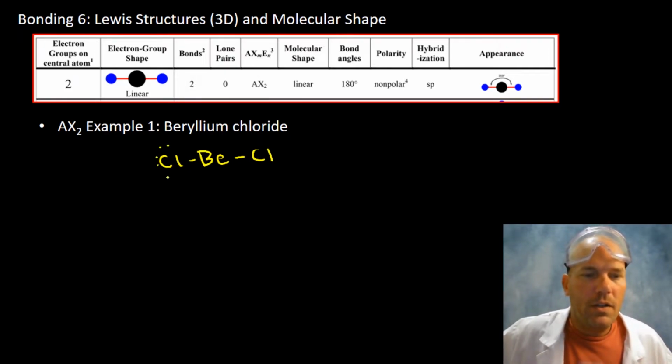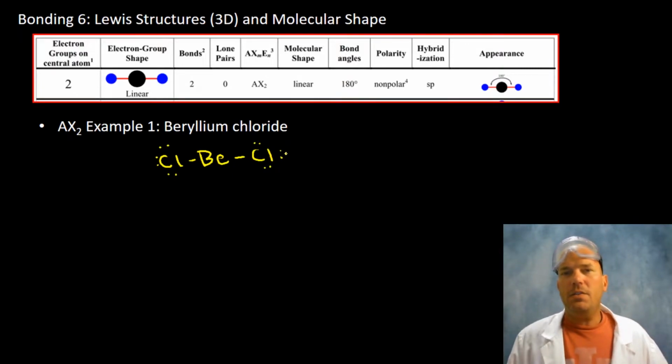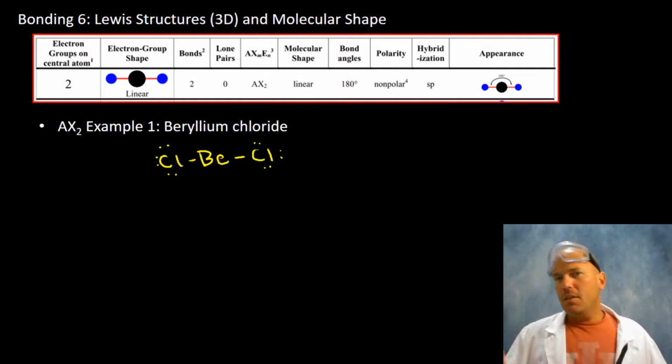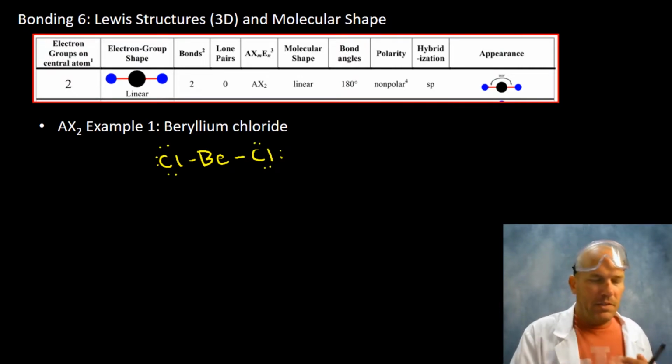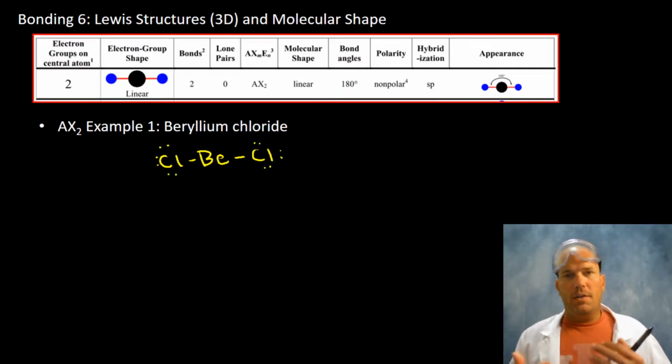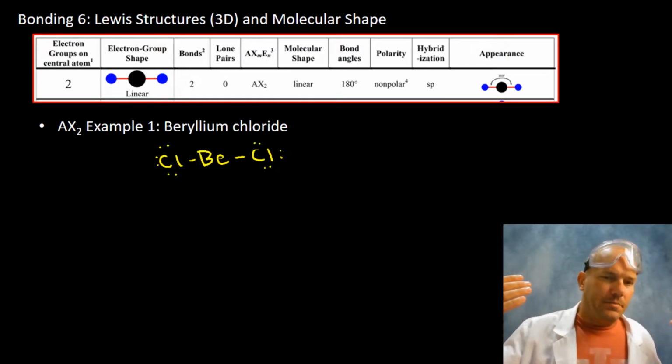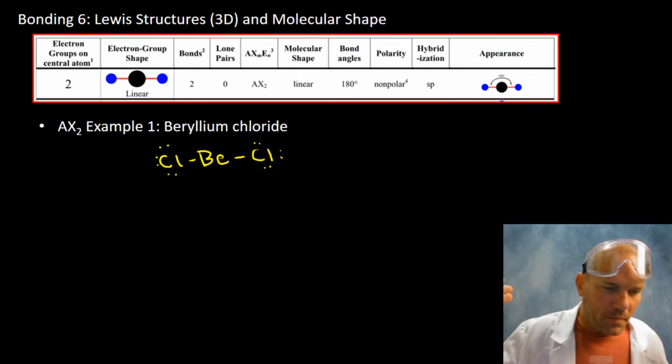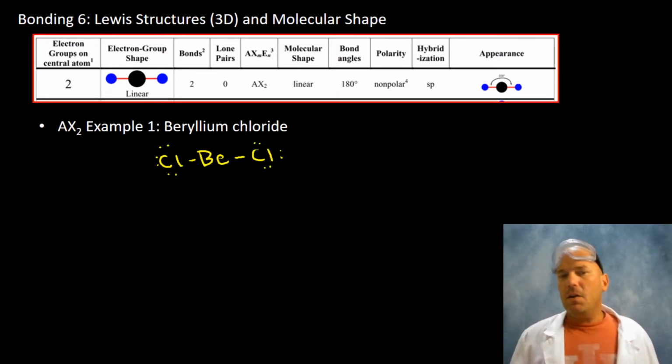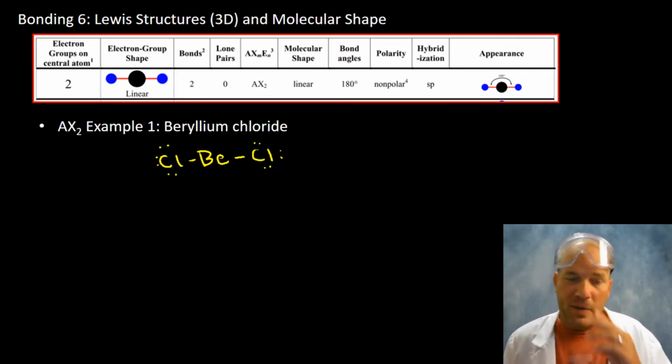Then you are going to add remaining electrons to the outer or ligand species. Then you're going to do all your checks. Have we satisfied the octet rule? Have we violated anything as far as formal charges are concerned?